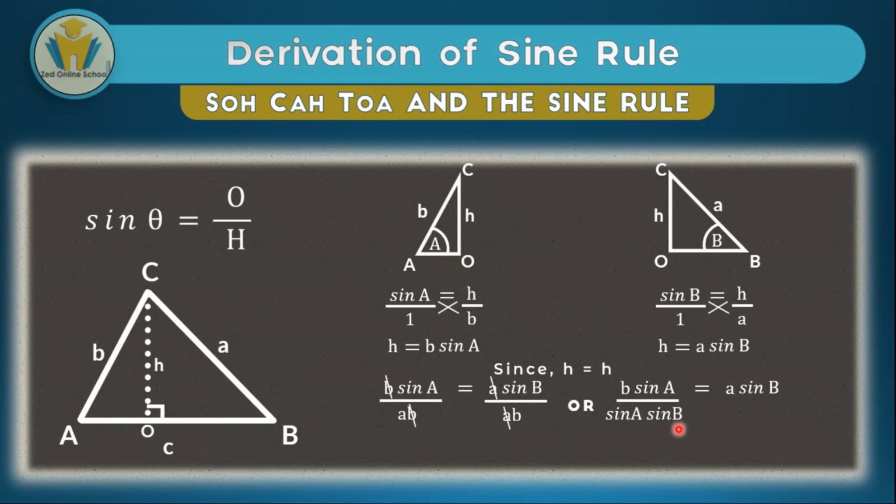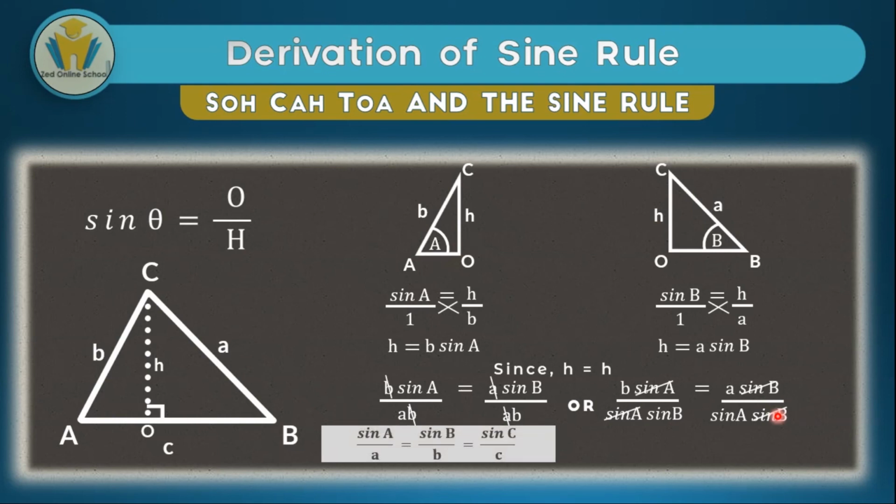If we cancel the sine A and the sine A, the sine B and the sine B, we'll be left with B over sine B is equal to A over sine A. As you can see, the order is a bit different, but these two things are equal. If I bring the A over to this side and the B to this side, it won't change anything. This is basically how we get the sine rule.